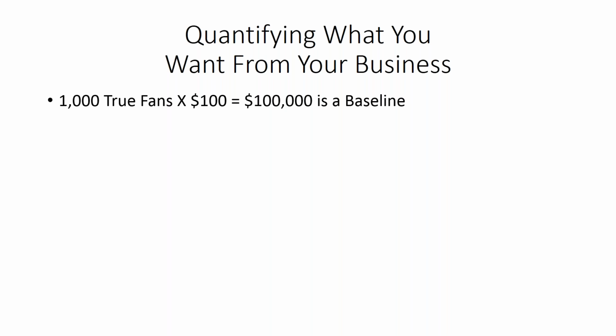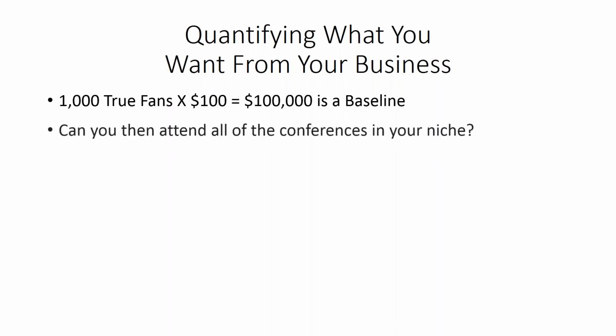That might not sound super easy, but at the same time it's doable. It's quantifiable. You can understand that number. If you got one customer every day for the next 3 years, you'd be at that point. You don't want to take that long, but you could be at that point.